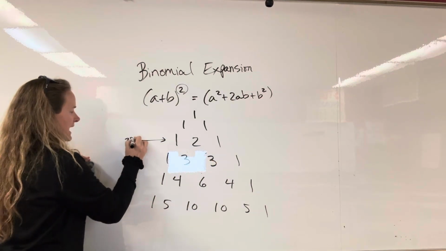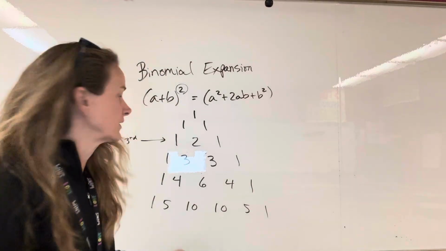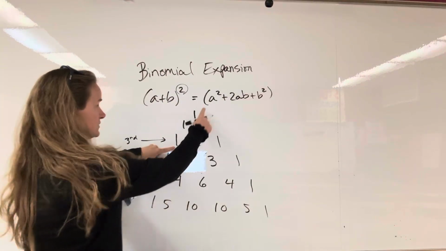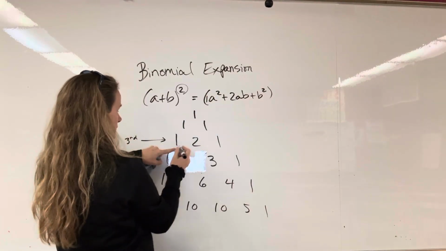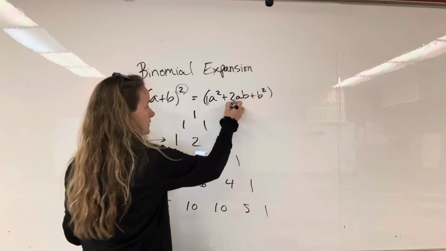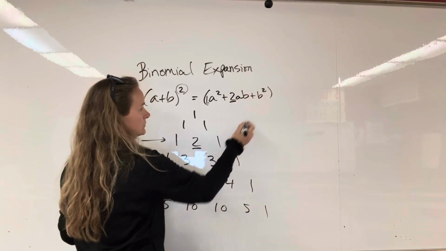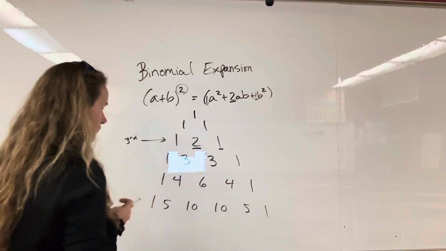We'll talk about how the row connects to this when we get to binomial theorem. But notice the coefficients in front of your terms. Your first term has a coefficient of 1, your second term has a coefficient of 2, and your third term has, again, a coefficient of 1.